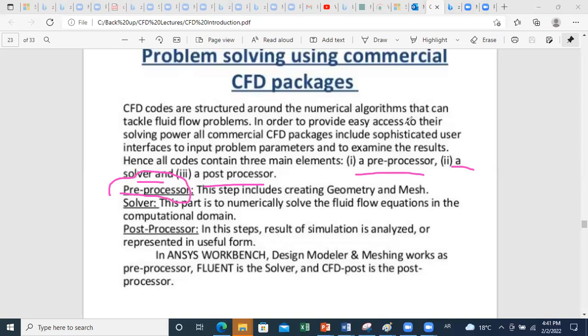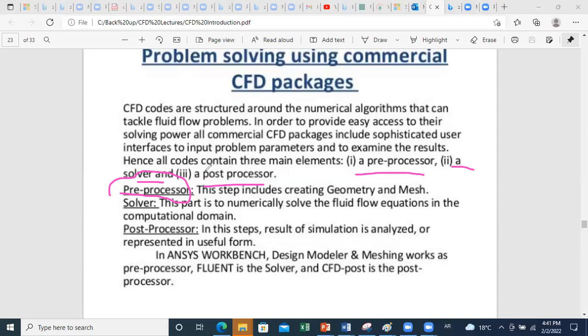So you put in simplifying assumptions that facilitate the solution of your problem. Once you decide on the elements that will really affect your ventilation system behavior, you can draw your geometry and then mesh it.